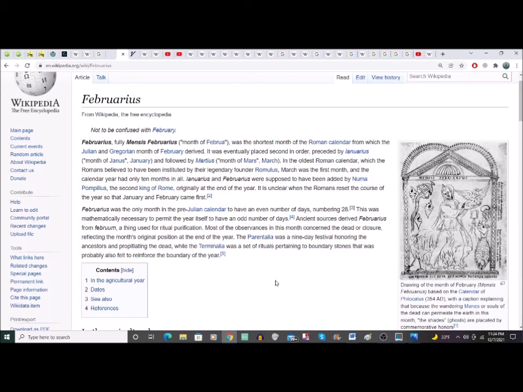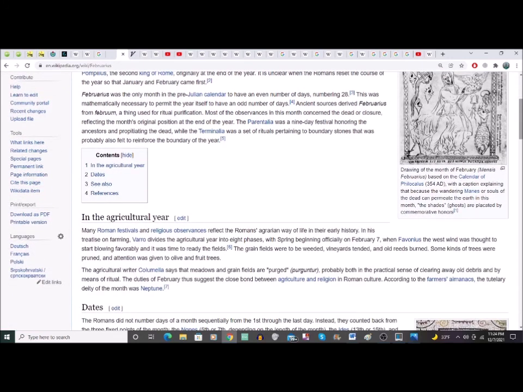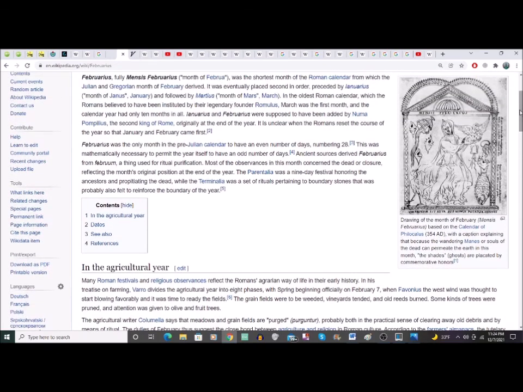It's named either after a device they used for purification or something to do with purification, and then the goddess came along and they personified it as well. So it's basically to do with purification, and that's interesting for that time of year.